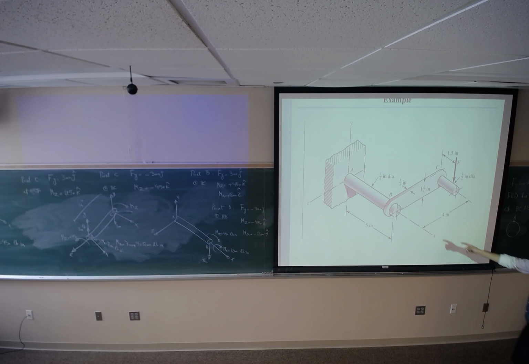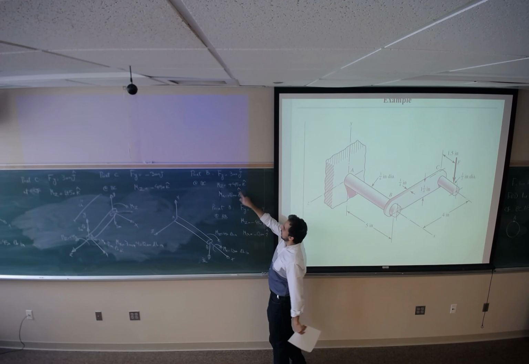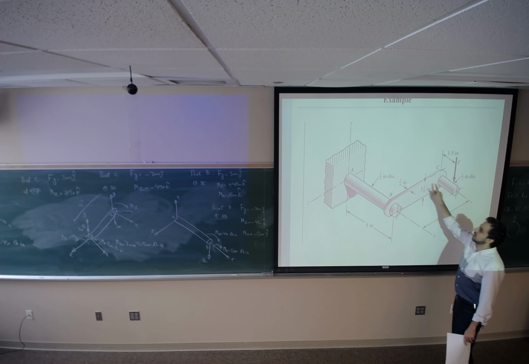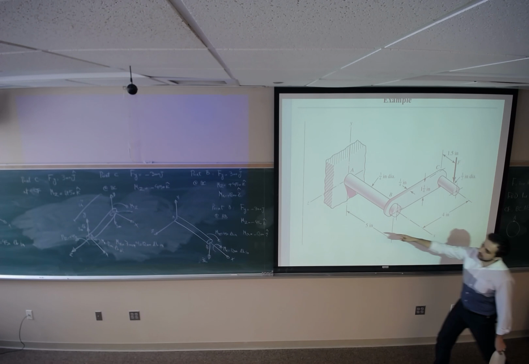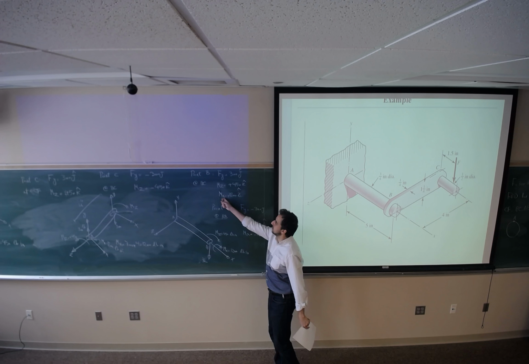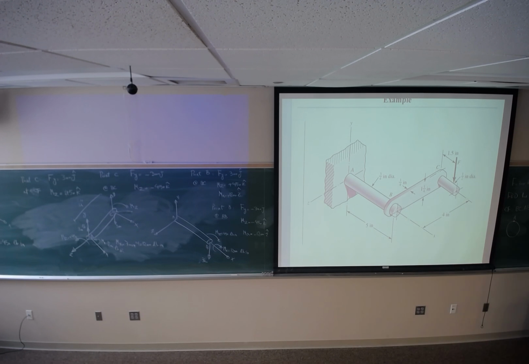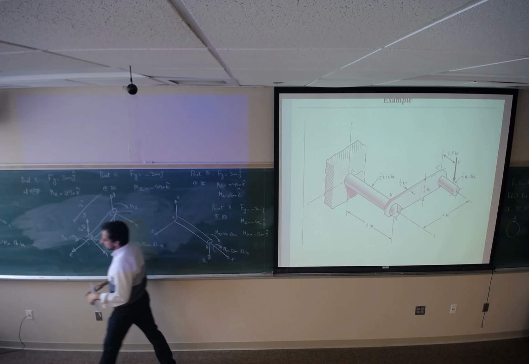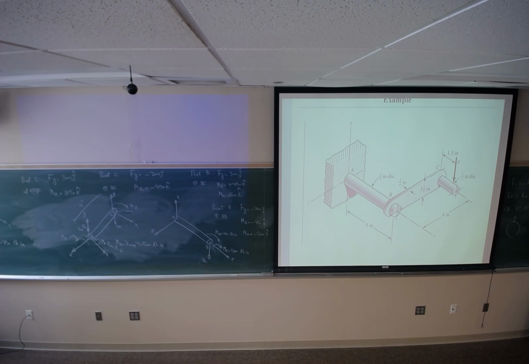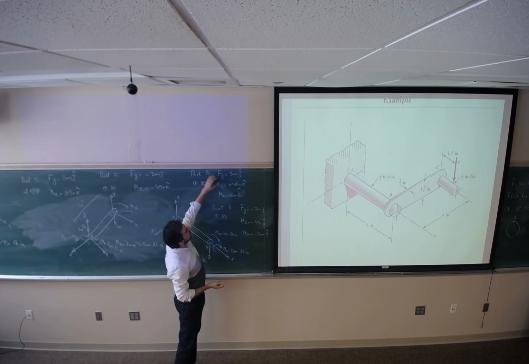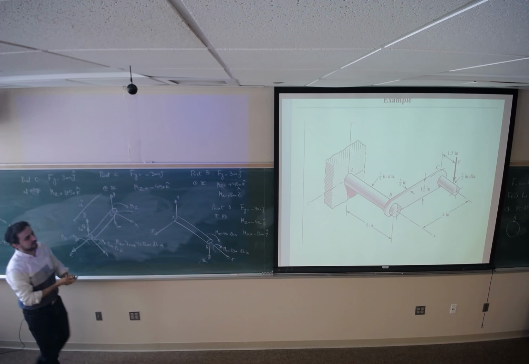And any moment with a different direction is gonna make the bending moment. So if I want to find the stress at point P, I know that this one is gonna make torsion and this one is gonna make the normal stress.